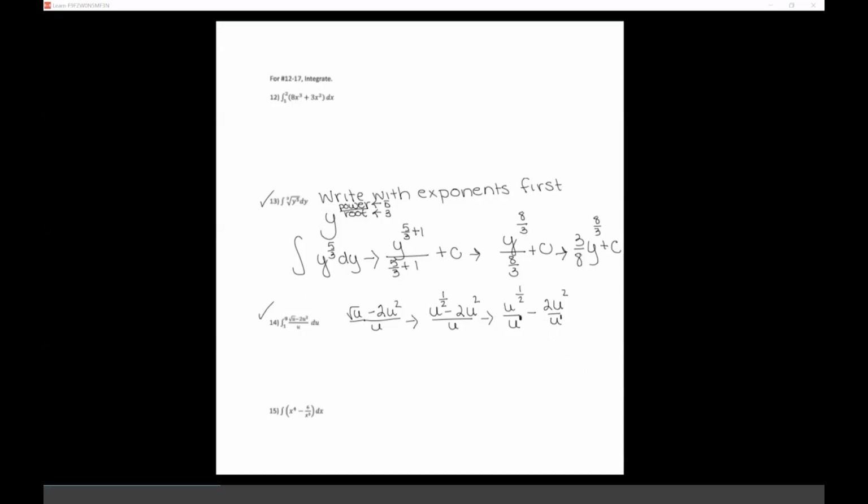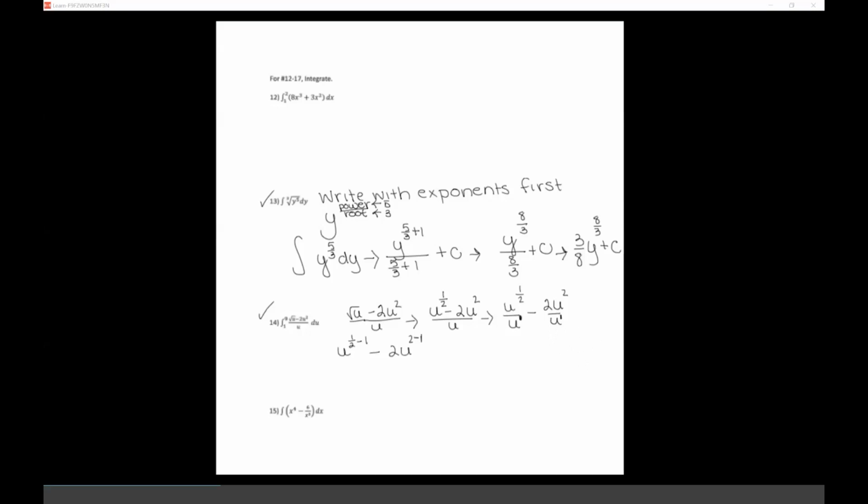Here's the way I'm going to do it: u to the 1/2 minus 1, minus 2u squared, 2 minus 1. Yeah, that's what I meant, I just said it backwards. That's okay, I do it all day long.